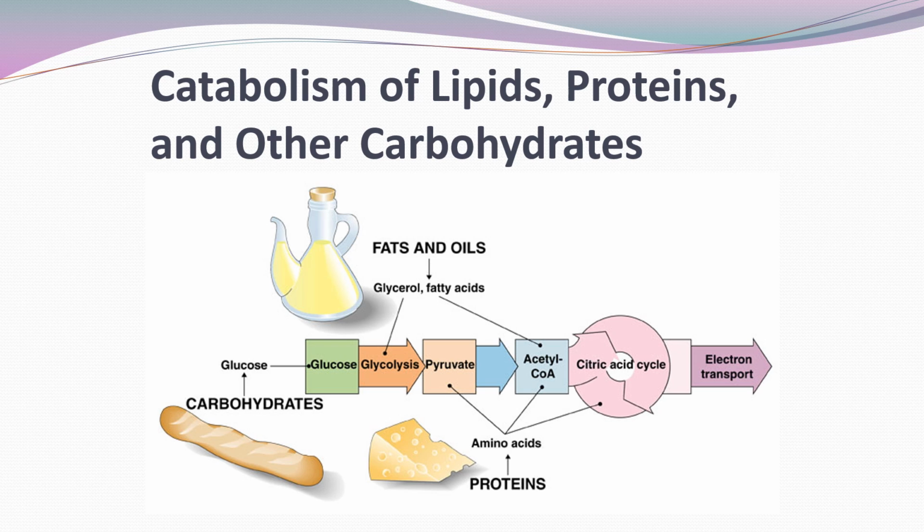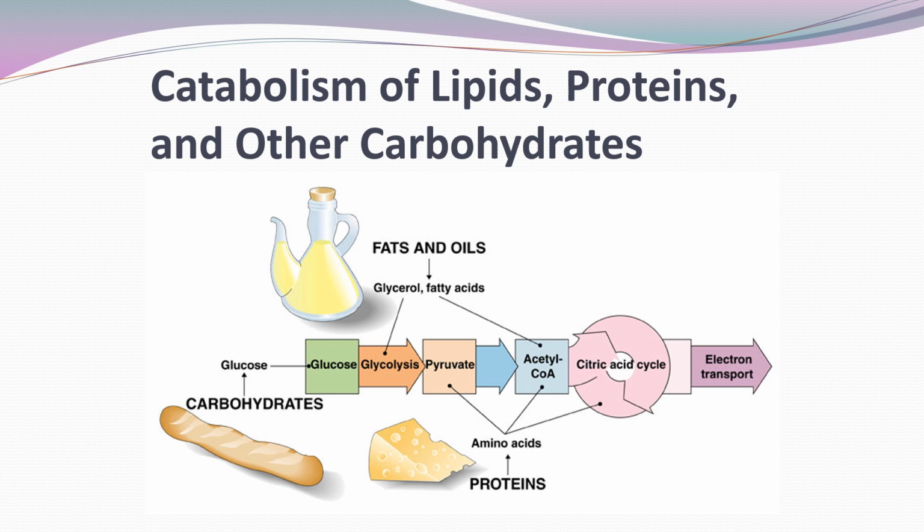Now, it's not always glucose and carbs that can be broken down for energy. Other macromolecules can be broken down into the respiration cycle, but they're going to start at different points of the respiration cycle. And we're not always going to yield as much ATP in that process.